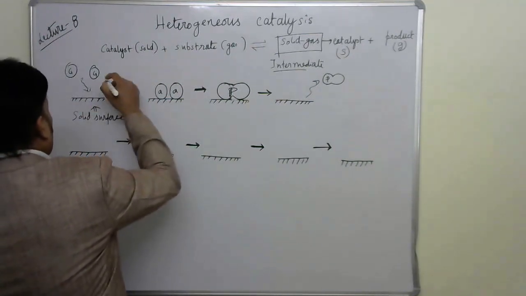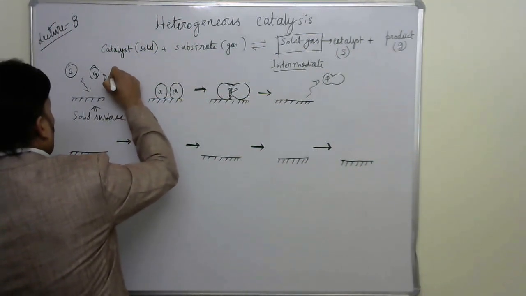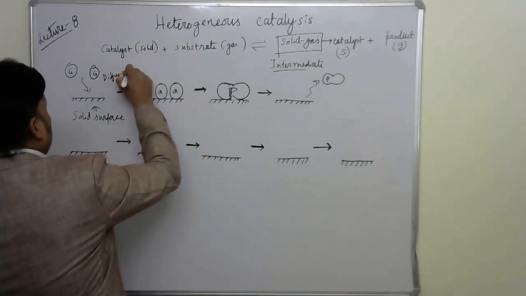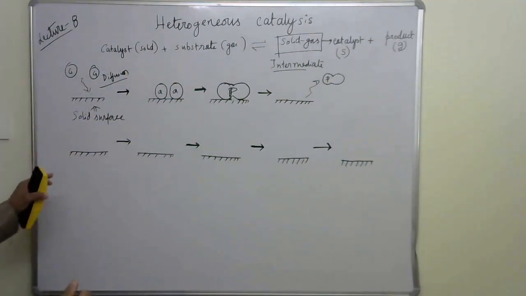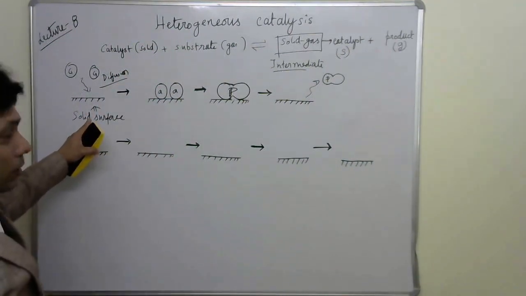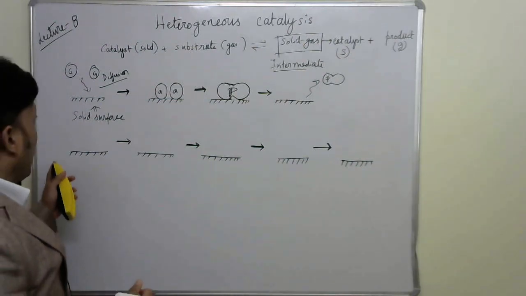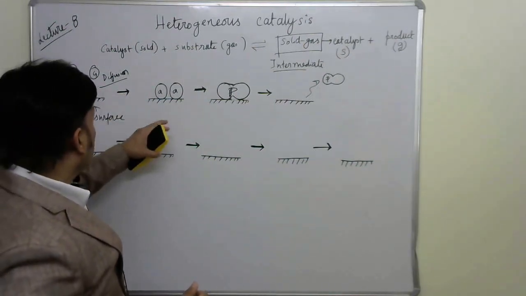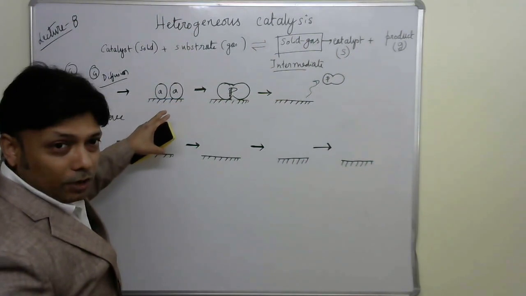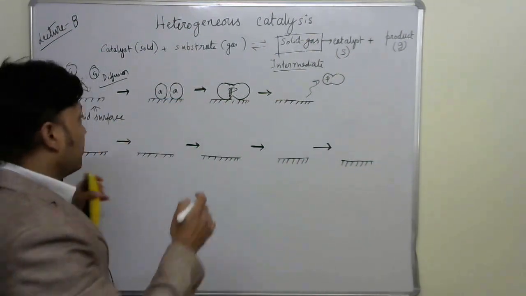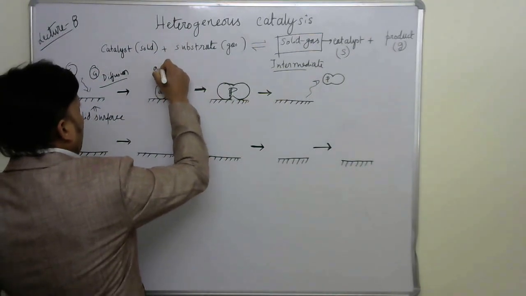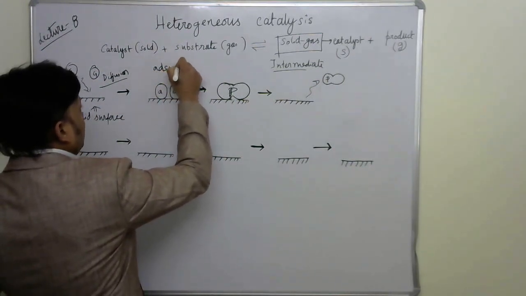So the first step, this is called diffusion, because gas molecules are diffusing towards the solid surface. So step one is called the diffusion. And the next step, where the gas molecules are sitting on the solid surface, okay, almost in an immovable manner, this step we call adsorption.